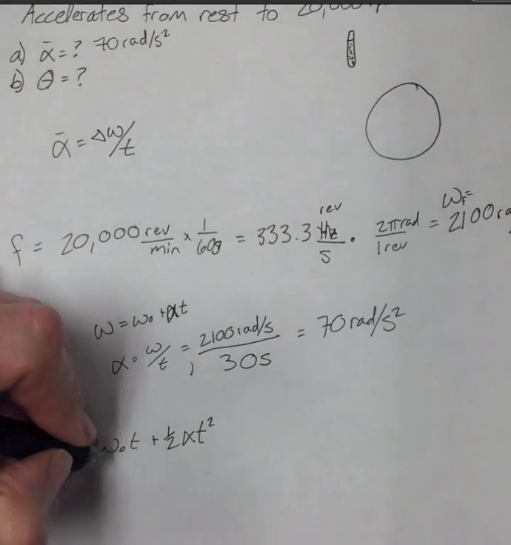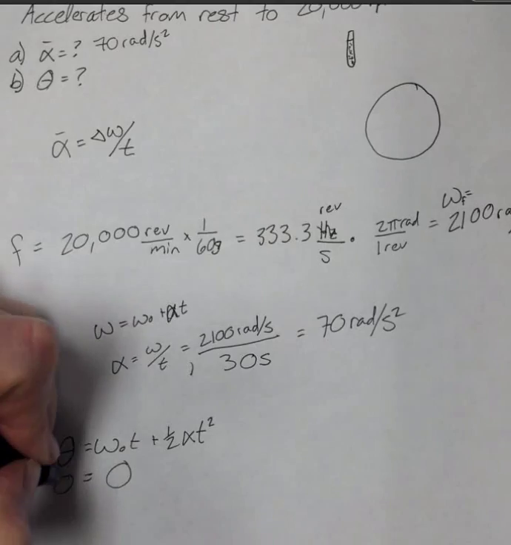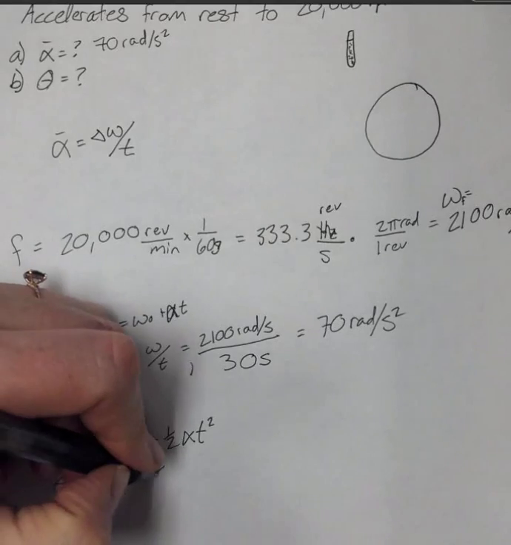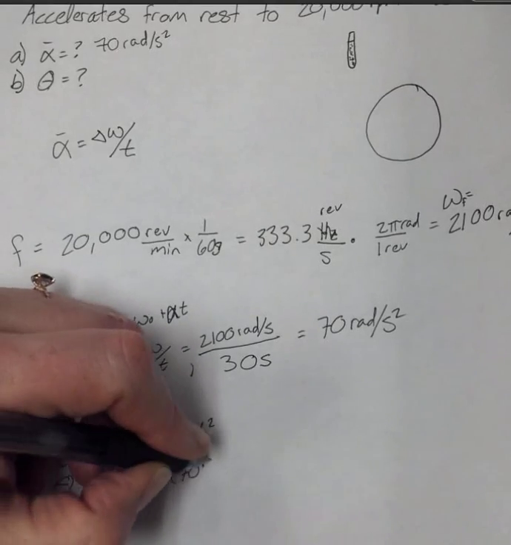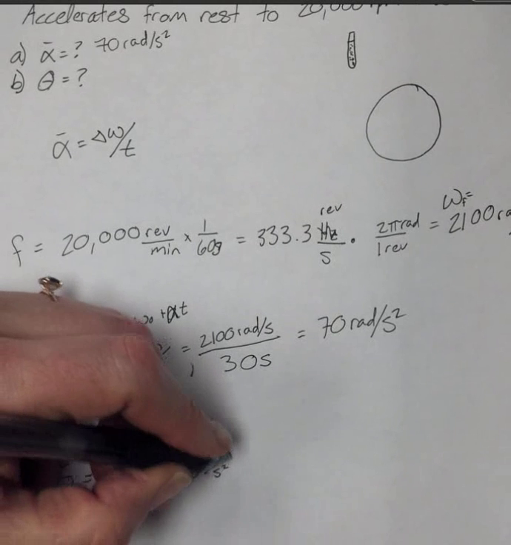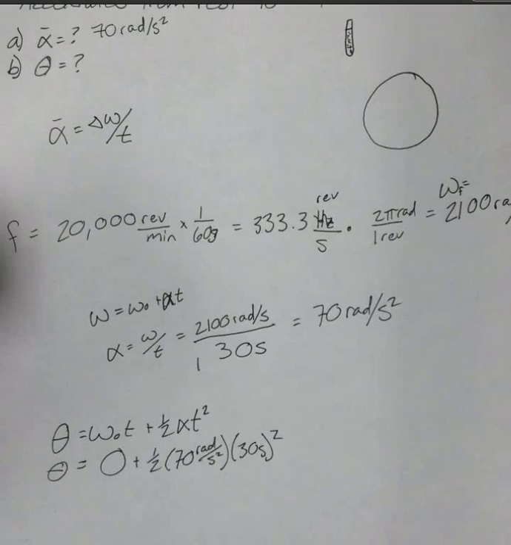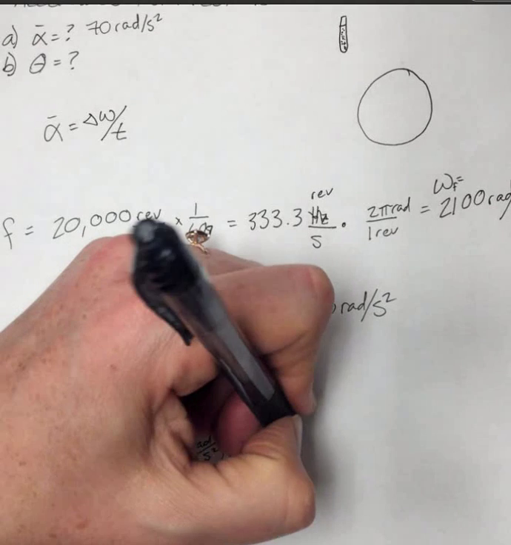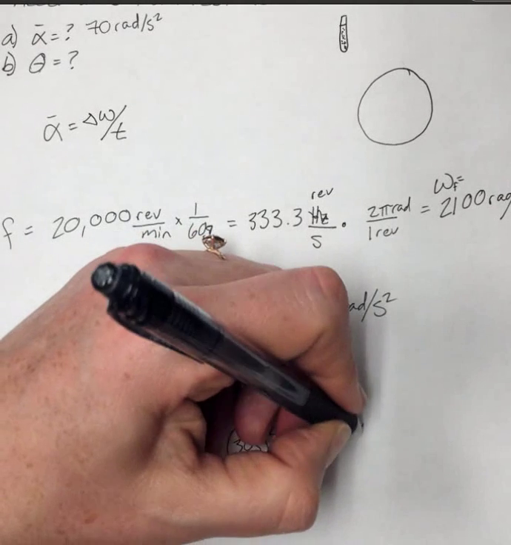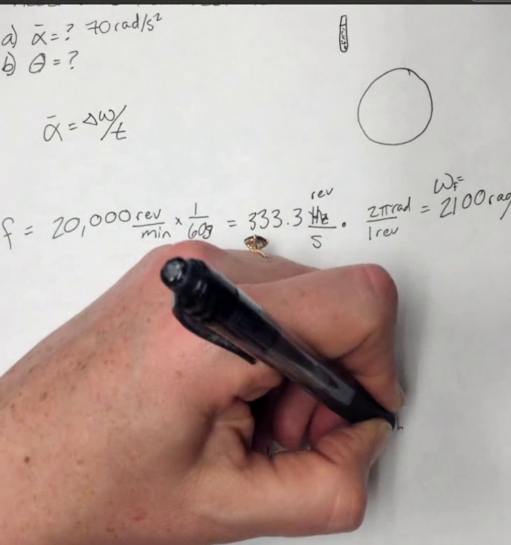That's a 0 value, and then this is going to be 1/2 times 70 radians per second squared times 30 seconds squared. If we solve that, we're going to get 3.15 times 10 to the 4th radians.